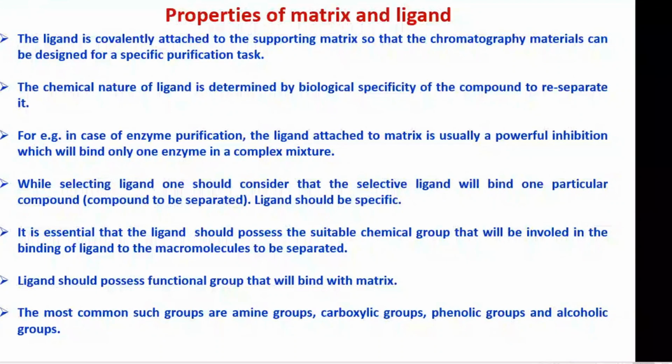So usually the ligand has a chemical nature, and let me give you examples also. Usually what happens when we have a ligand molecule, for example, if the ligand molecule is a substrate molecule.